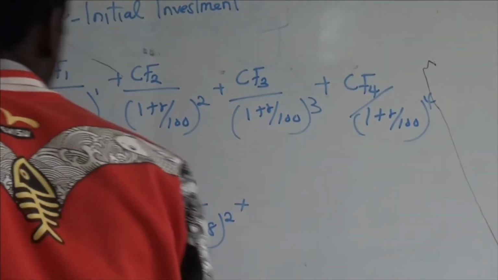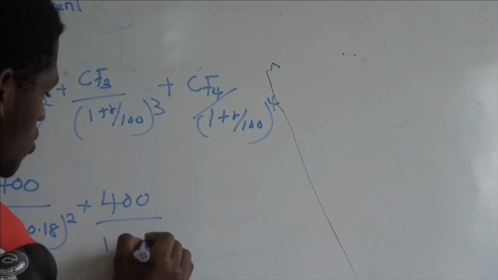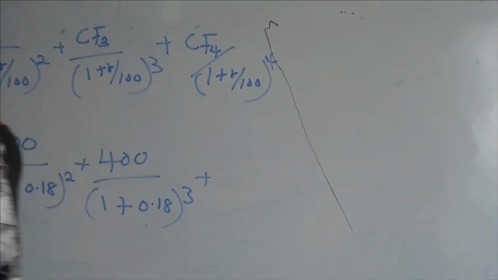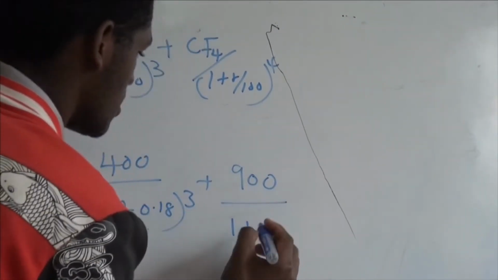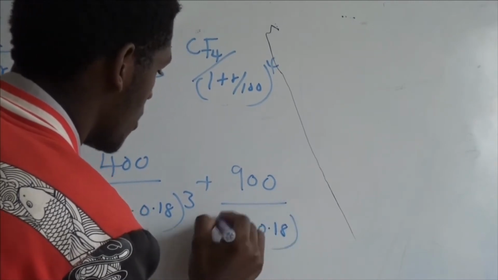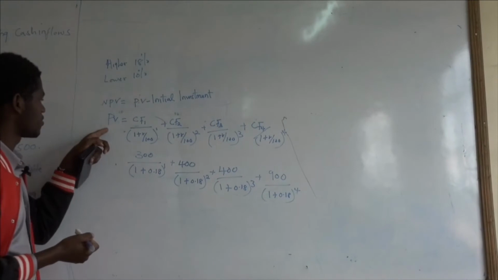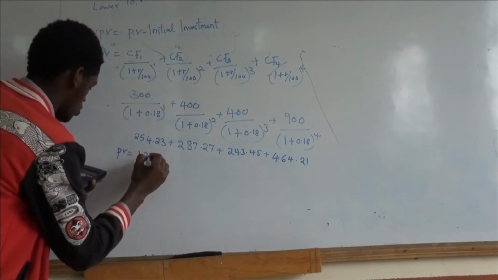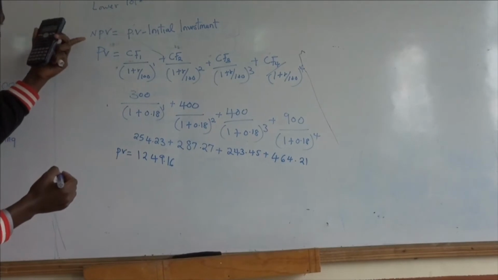Cash inflow of year 3 is also 400, so this is 400 over 1 plus 0.18 raised to power 3. Then our last cash inflow is 900 over 1 plus 0.18 raised to power 4. So we first calculate the present value of each cash inflow. The total PV is equal to 1,249.16.